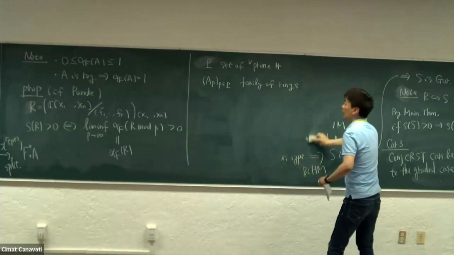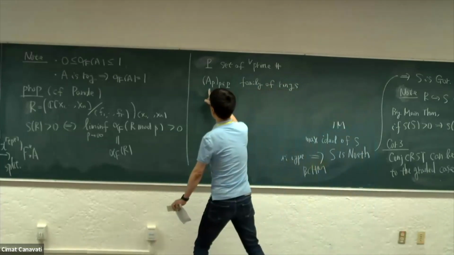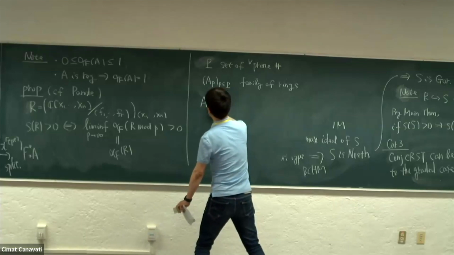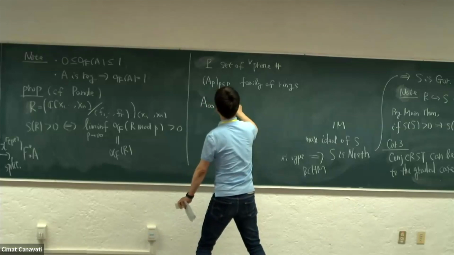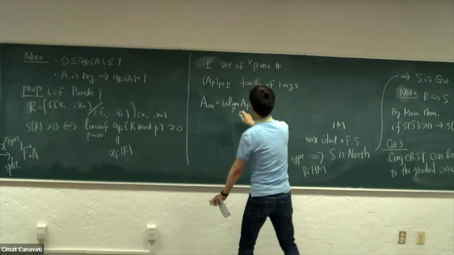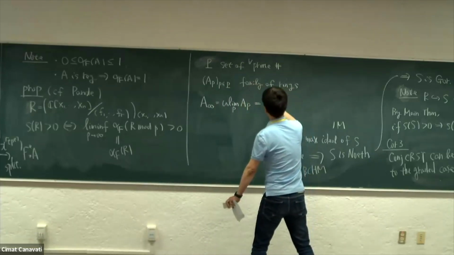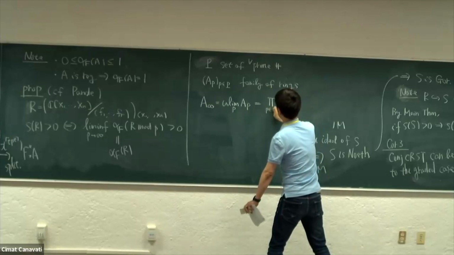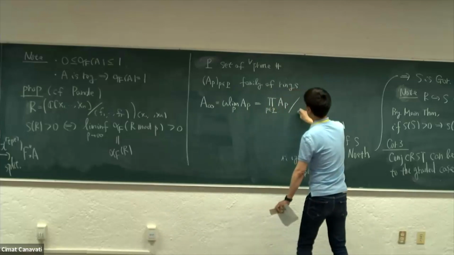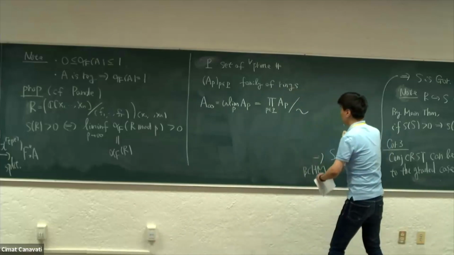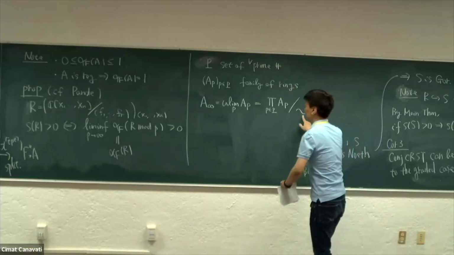Then the ultra product of A_p, which is denoted by A infinity, is defined to be a direct product of A_p modulo some equivalence relation. And yeah, I will explain this.